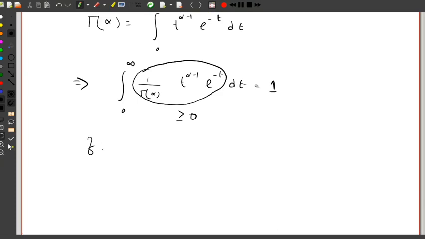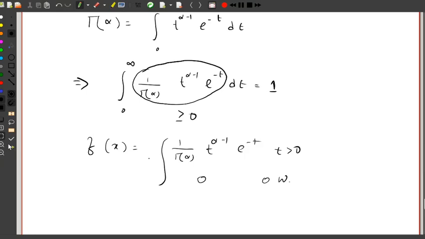So that means if I take a function f(x) which is exactly 1 by gamma alpha, x to the power alpha minus 1, e to the power minus x, if x is positive and 0 otherwise, then the integration from minus infinity to infinity of f(x) dx equals 1, because the negative part of the real line has integration 0, only the positive part contributes, and that integration is 1.